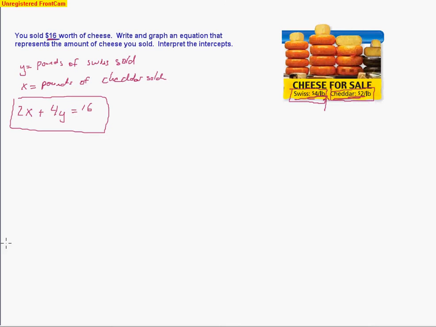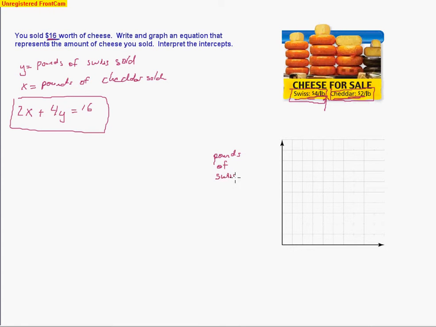Now we're going to go ahead and graph it. So let's get a piece of graph paper. In order to graph this, I want to label my axes. I said the y-axis was the pounds of Swiss sold, and I used the x-axis as the pounds of cheddar sold.